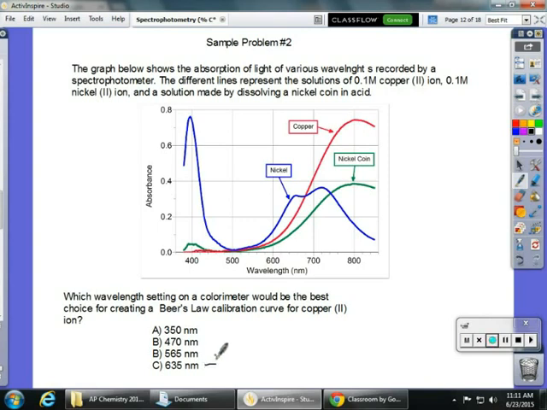If we take a look at our graph, at 350 nanometers, there's really nothing being measured down there for copper. 470, 565, still very little. At 635, now we're up here around 0.2, so that's why this is our best choice. A, B, C, D. Let me fix that. It should be choice D.